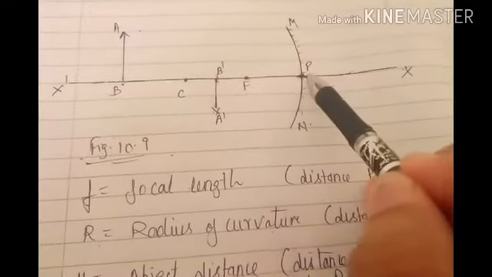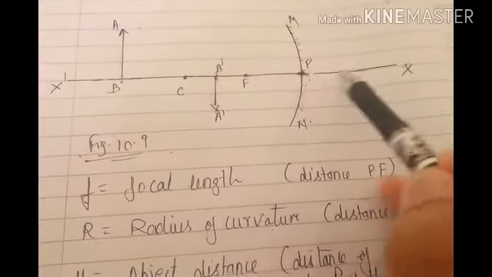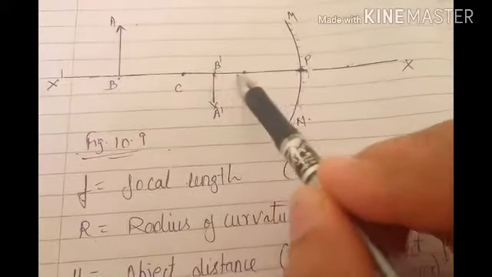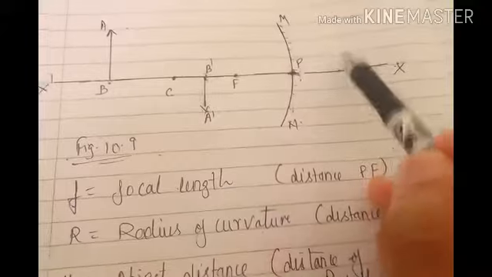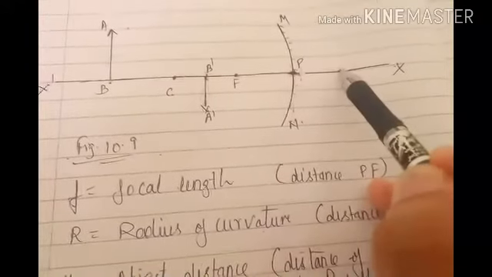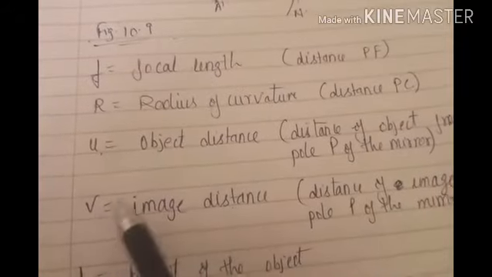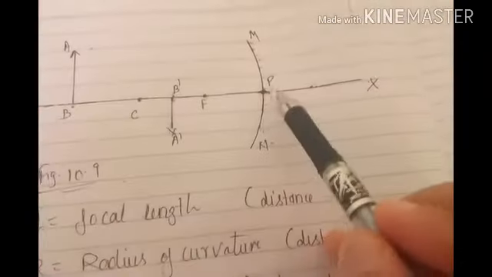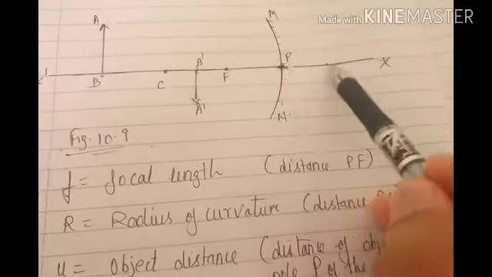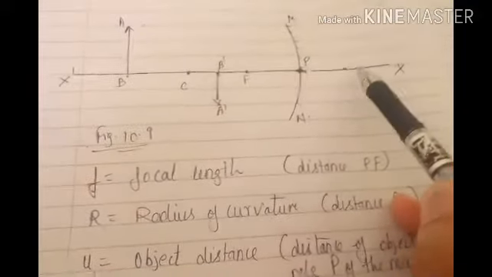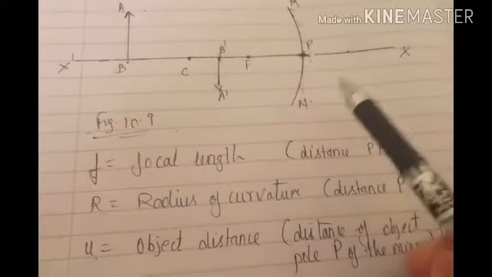It will be plus 2, because the distances on this side are positive, and distances on the left hand side are negative. So if the image is formed here somewhere, and this distance is 2 centimeter, this is the image distance, so you will take V equal to plus 2 centimeter. You will not take it as minus 2 because this distance is present on the right hand side. Okay, so these are the sign conventions.